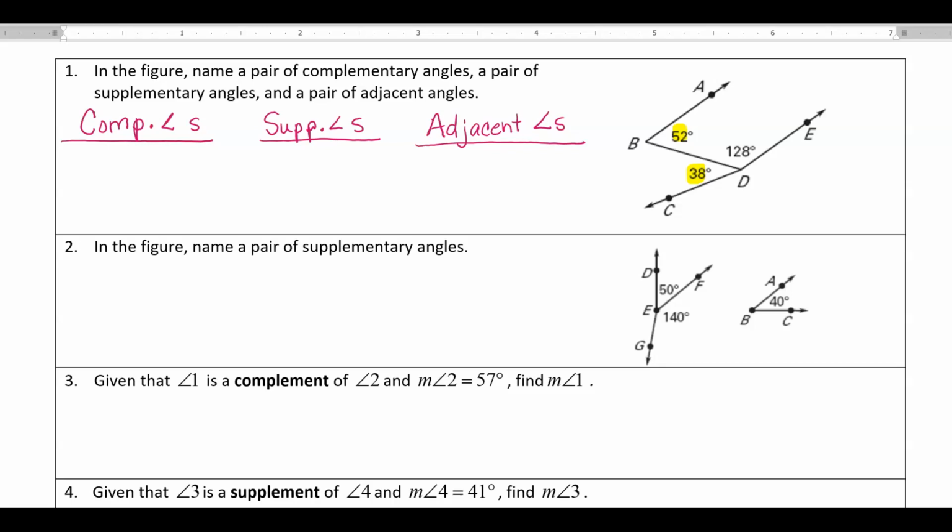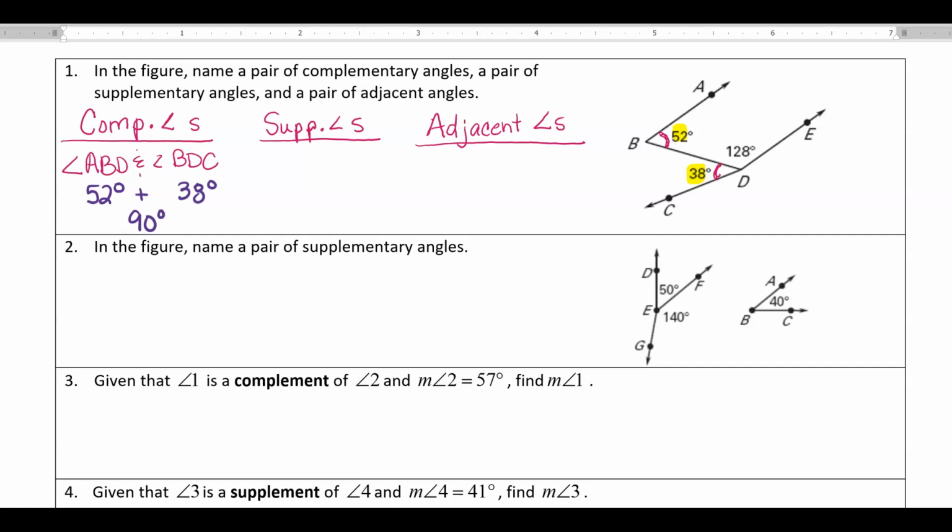So I'm going to label these angle ABD, which is right there, and this angle right here, angle BDC, those are complementary. This one was 52 degrees, this one was 38 degrees. If you add them, they give you 90 degrees. So by definition, those are our complementary ones.